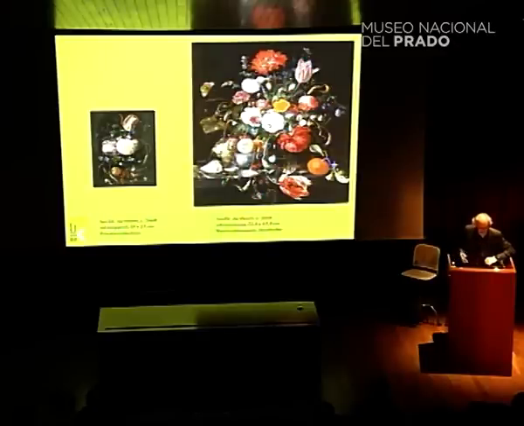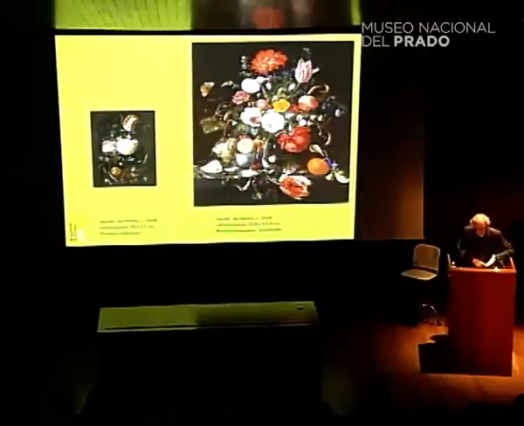And indeed, if you start to look, you can see the element of earth in the flowers and in the fruit. And you can see the element of water in the oysters and in the dewdrops and in the water in the glass.